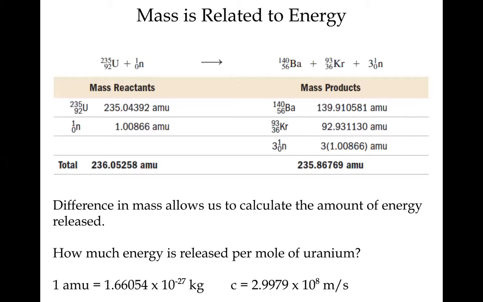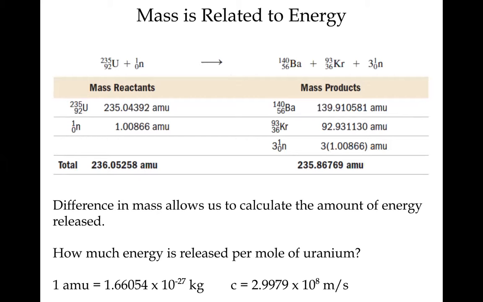Now, what we can do is look at the difference in mass, or this mass defect, to calculate how much energy is released when the protons or neutrons leave.